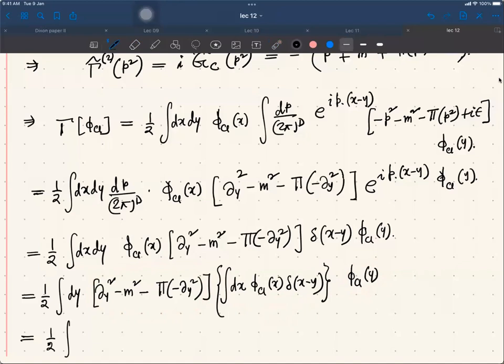So I'm writing it this way. Half integral dx, instead of y, I'm writing x, it's a dummy variable, φ_cl(x) [∂² − m² − Π(−∂²)] φ_cl(x).